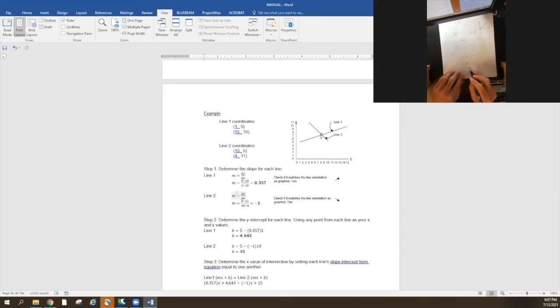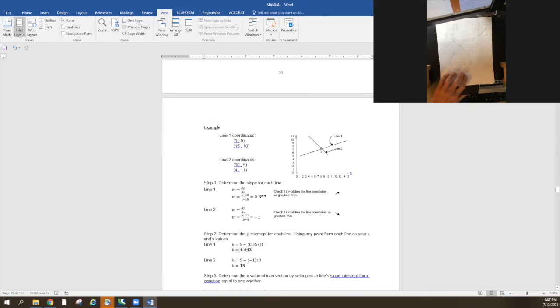All right, so that'll be my slope for this line. And slope is designated with an M. Okay. Then I'll do the same thing for this guy. If I do the math for this, I get a slope of -1. So it's slope of -1, slope of positive 0.357.